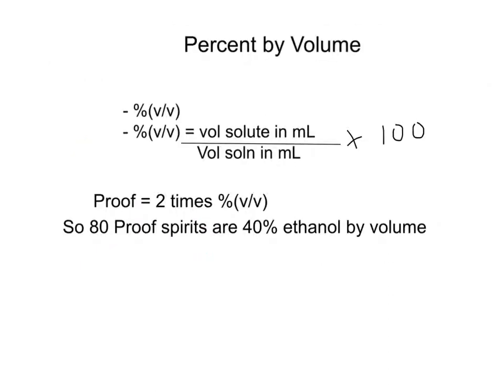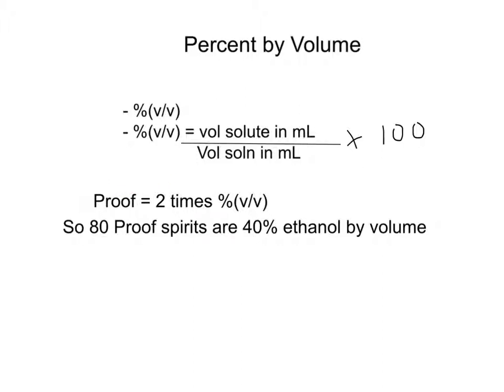Alright, now we have something that's more commonly used, and that's percent by volume. So we see that as percent V divided by V, and that percent V divided by V equals the volume of solute in milliliters divided by the volume of the whole solution in milliliters times 100. So for example, when you buy alcohol products, even though all of you are way too young to do that, this is just an example, your proof is 2 times the percent volume by volume.